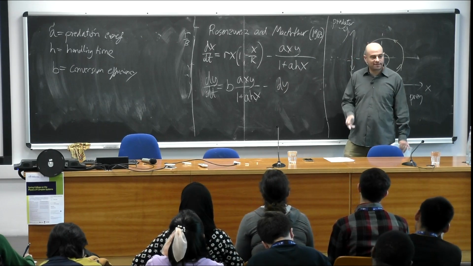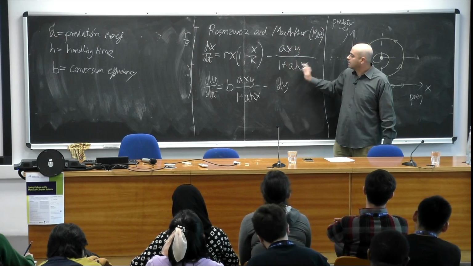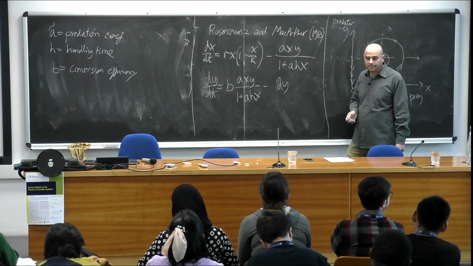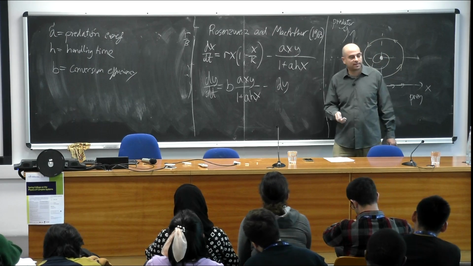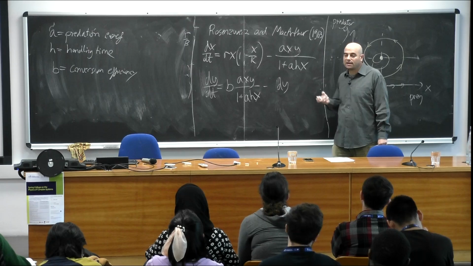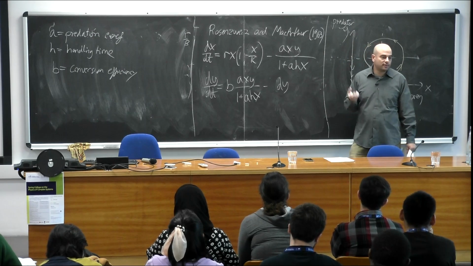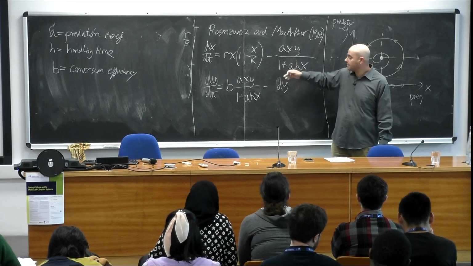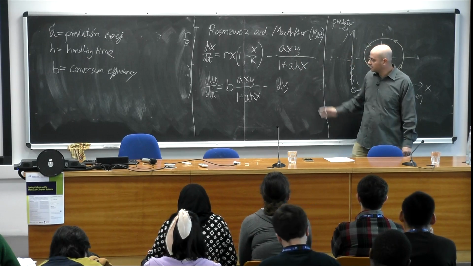One of the homework questions, a very easy question, is to recast this in Monod form, right? It's a very easy exercise, but then you get a feeling about what the Monod coefficients are, what the Monod half max is, and what the maximal predation rate is when it's reparameterized a little bit.